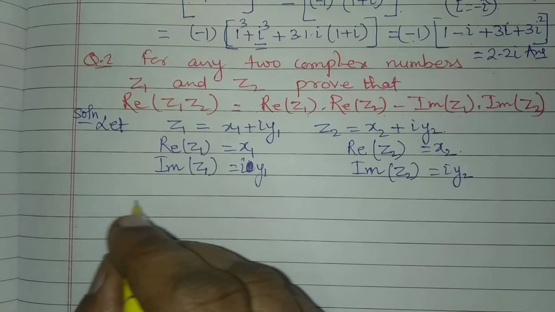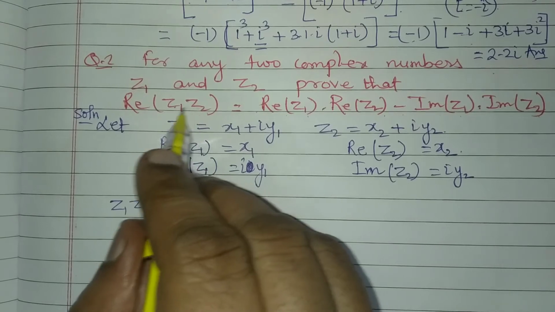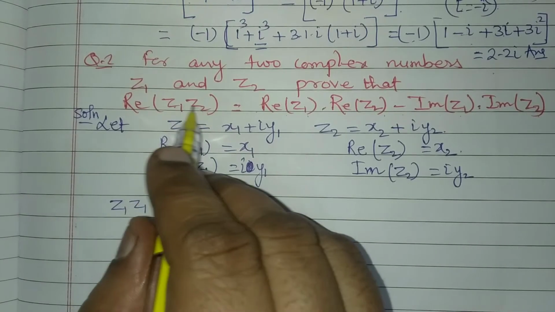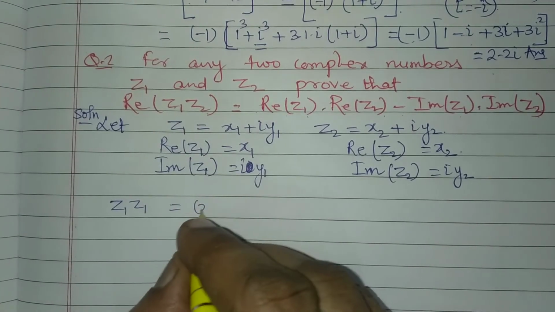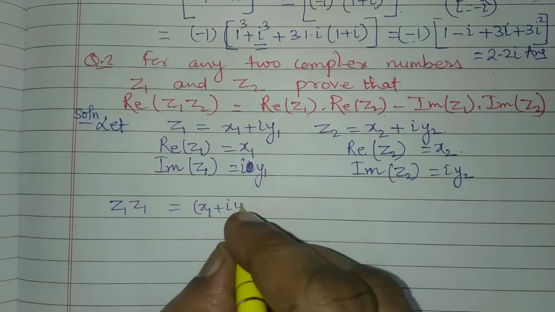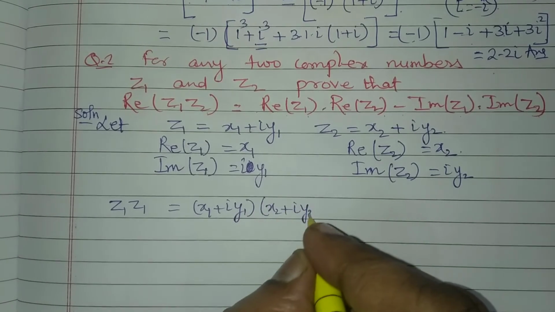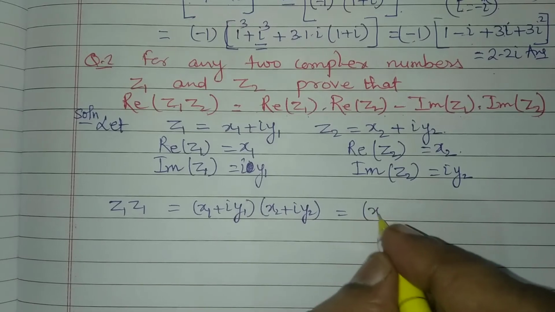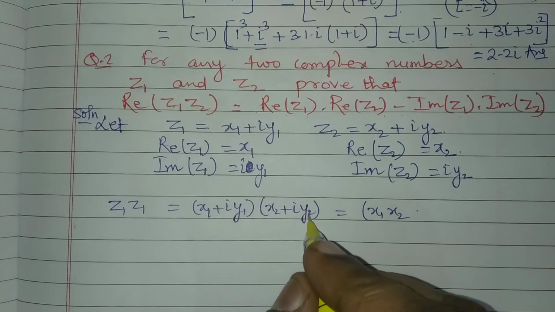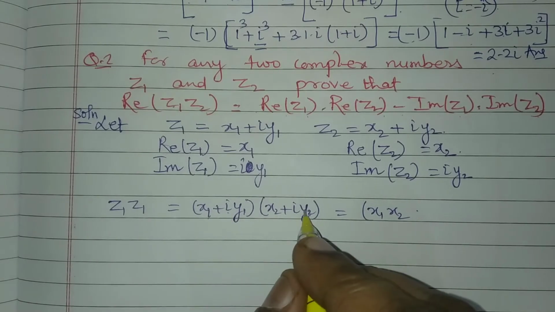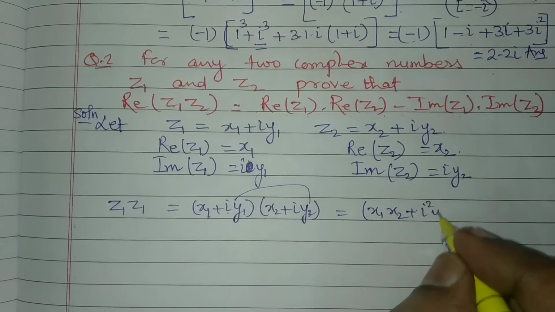Now first of all we have to find z1 z2. So here see, z1 into z2 is given, therefore I am finding out the product of these two complex numbers. So x1 plus iy1 and then x2 plus iy2. We will multiply x1 x2, and then we will multiply in this way, and here I will multiply first this, then i square y1 y2.